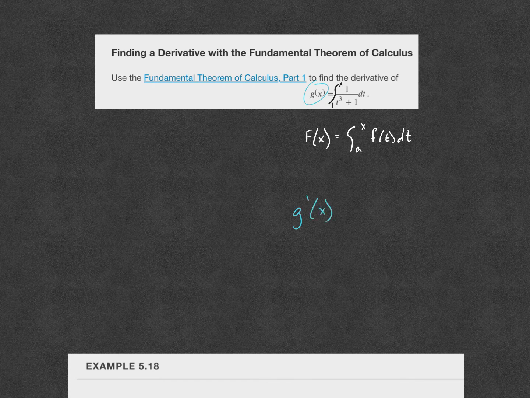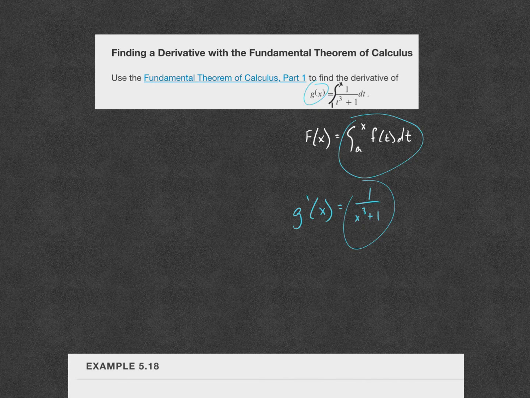G prime of x is just what is inside of that integral, 1 over x cubed plus 1. And that's it. The problem was set up exactly like the theorem, but it's establishing the relationship between derivatives and integrals. All right, the derivative of an integral is the function itself. They, in a sense, cancel each other out. They are opposites of each other.